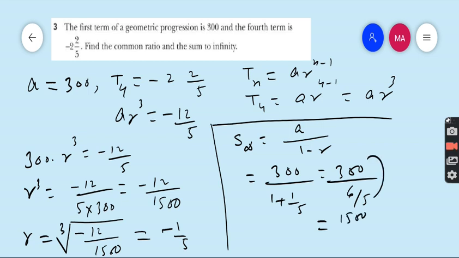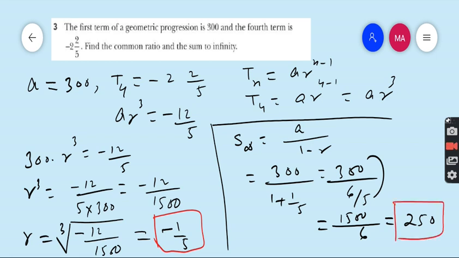It is 1500 upon 6. The final answer is 250. So the requirement has been fulfilled. The common ratio is minus 1 upon 5, and the sum to infinity is 250. Very interesting question, very important from the examination point of view.